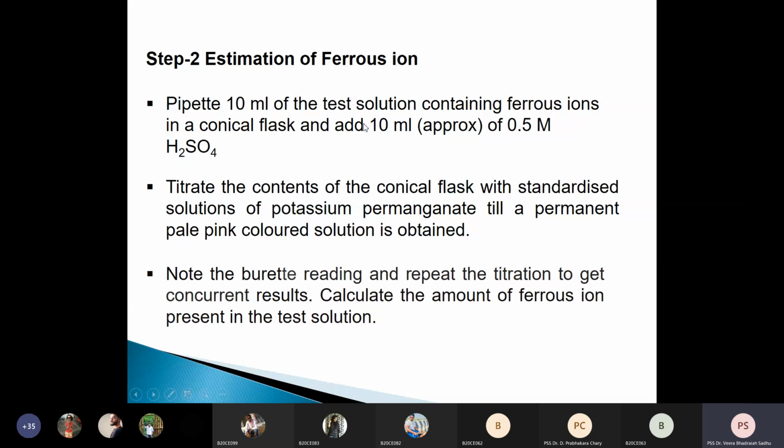You straight away take your ferrous ions solution in dilute sulfuric acid to maintain the acidity, and titrate with potassium permanganate till you obtain a permanent pale pink, and then you note the readings.